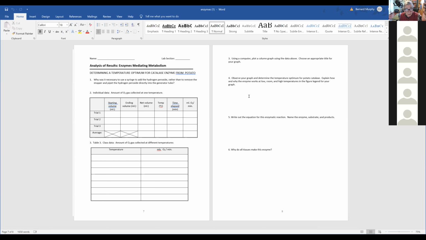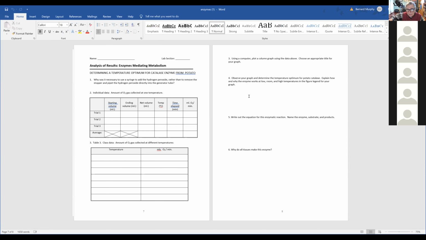Okay. Remember, it's lower at low temperature because molecular collisions are fewer and farther between. The molecules are moving much more slowly. They collide more slowly, and so they make less oxygen. They make less product per minute than they do at room temperature.